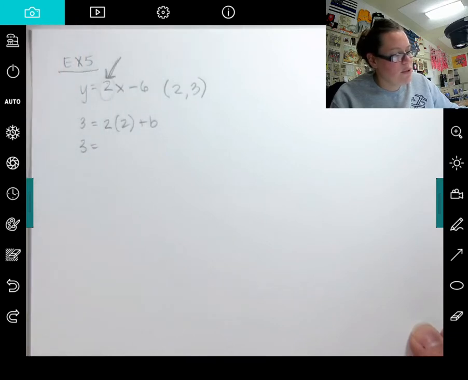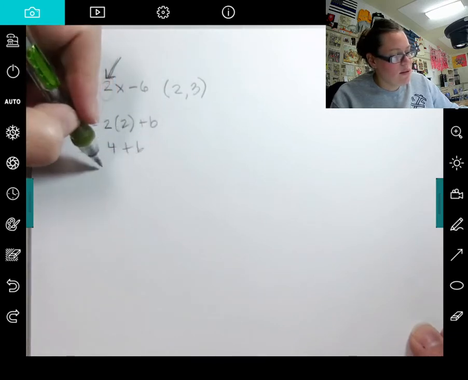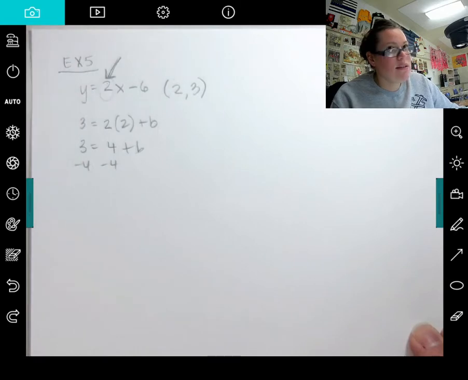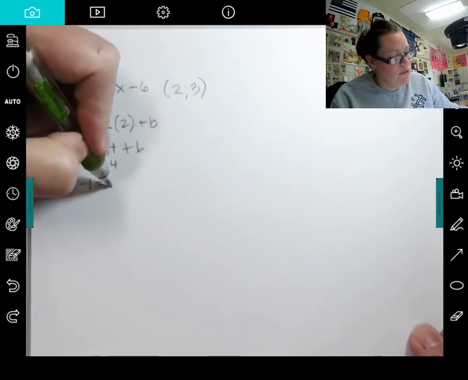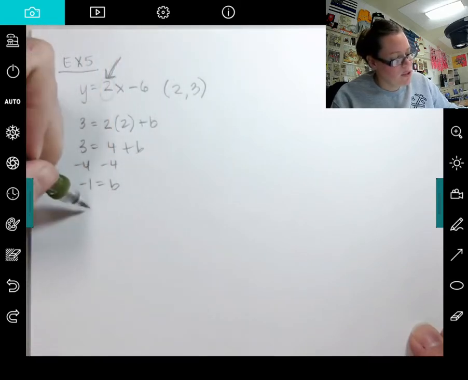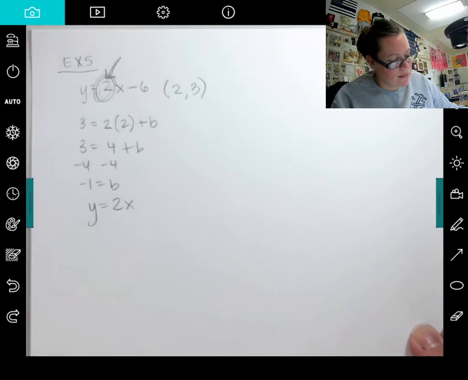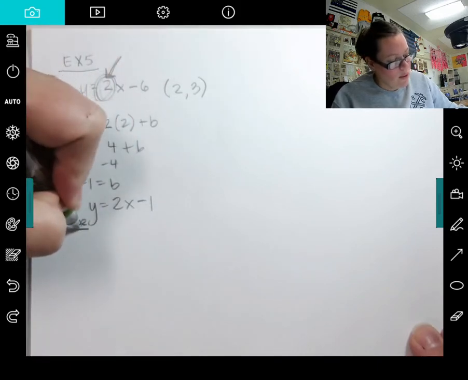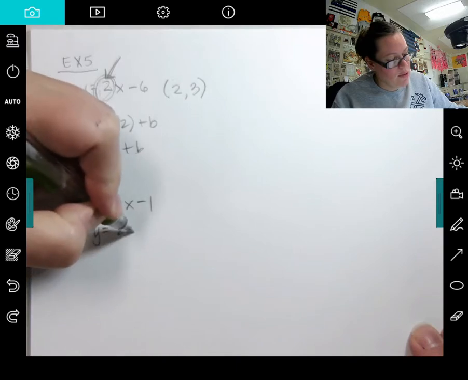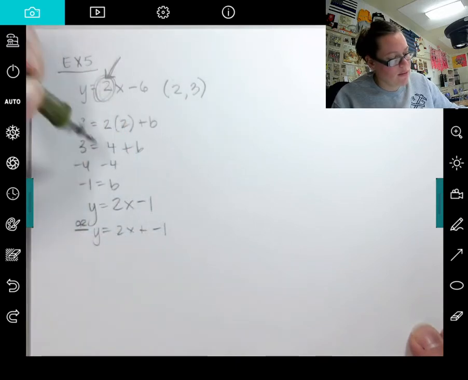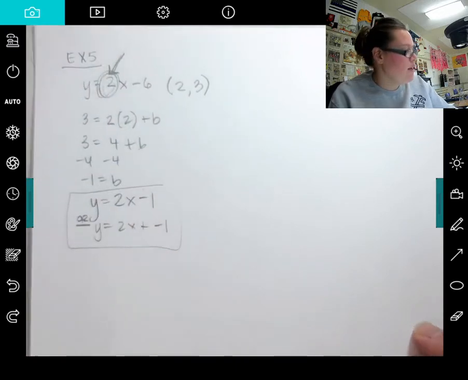So 2 times 2 is 4. We would subtract 4 from both sides, and we get -1 equals b. So our equation would be y equals, parallel line has the same slope, so 2x minus 1, or you could write y equals 2x plus -1. However you write it, both ways are correct.